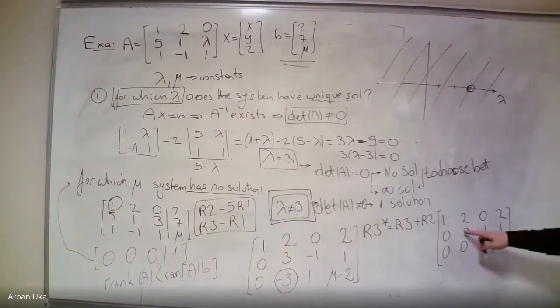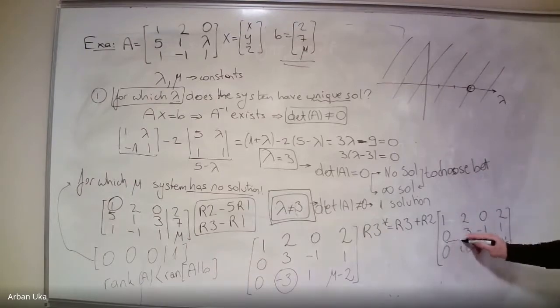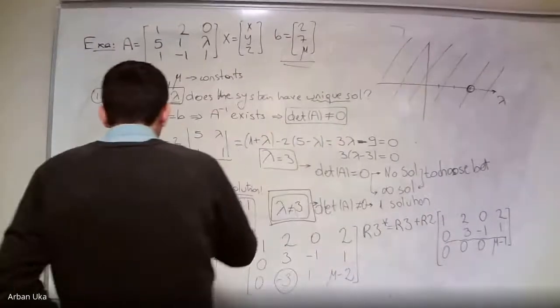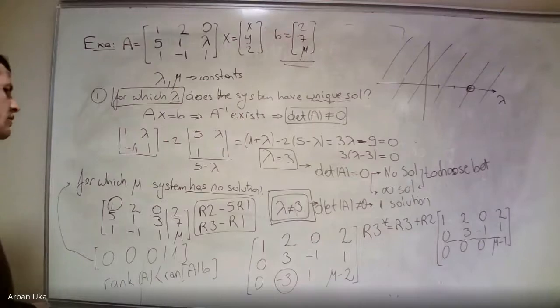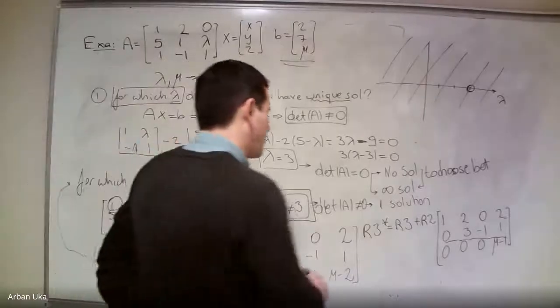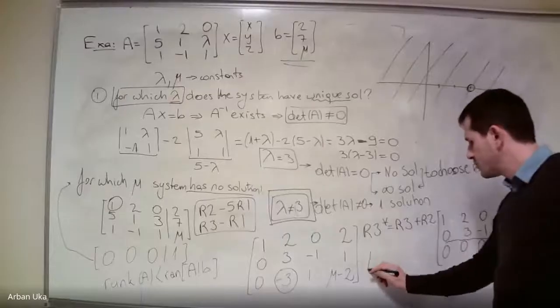It's not the completely reduced one, because we can simplify this a little further. But I think this is enough to answer the question: for which mu does the system have no solution? In order to have no solution, mu minus 1 is different than 0, which means that mu is different than 1.